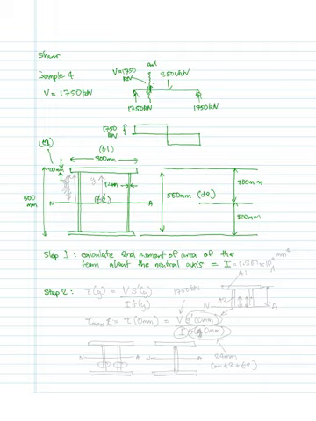If we go back and look up, we would have tau as a function of y is equal to V times S dash y divided by I, and b as a function of y.